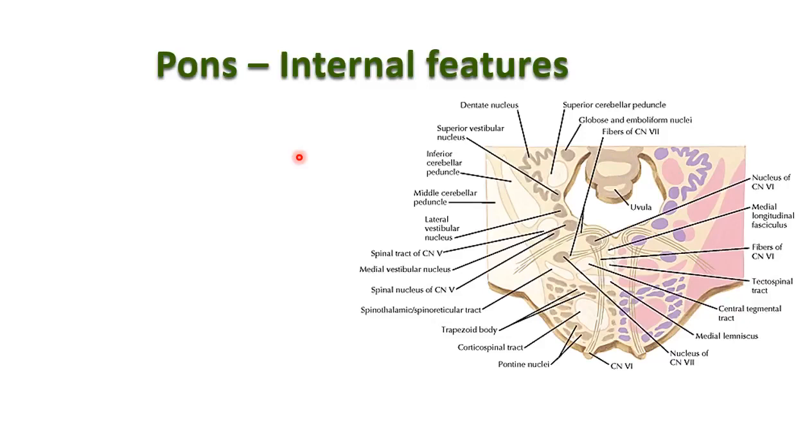Now coming to the internal features, first the anterior part of the pons is actually called as the basilar part, and before that the internal features is described at two levels. So one is the lower level at the level of the facial colliculus. Okay, so first at the lower level what you are able to see is the level of the facial colliculus. So how do you identify this?